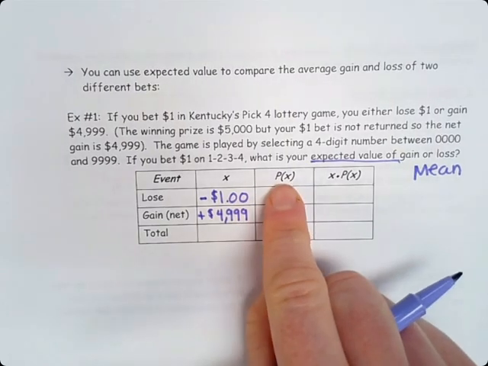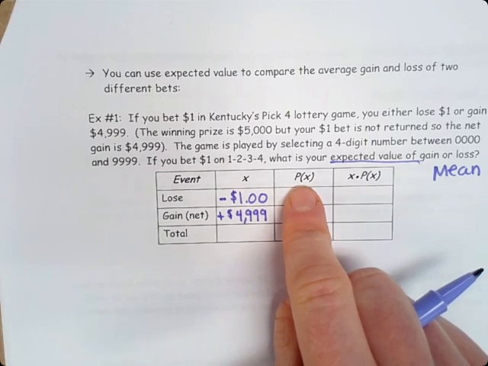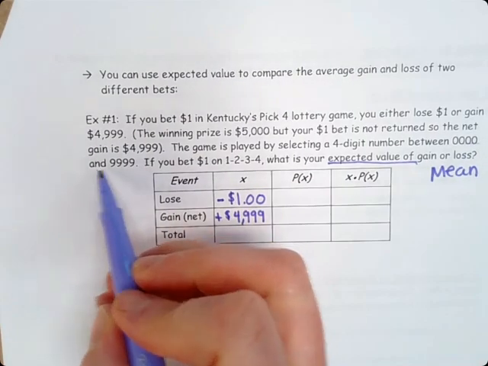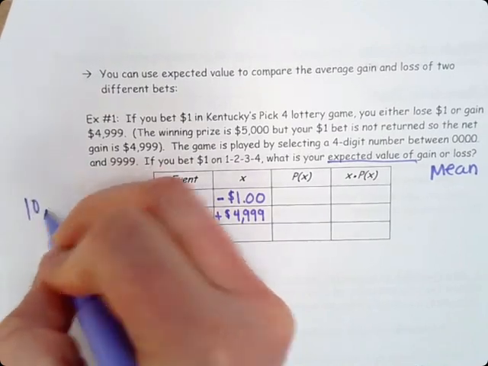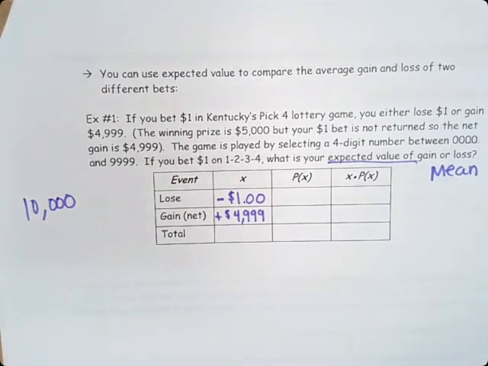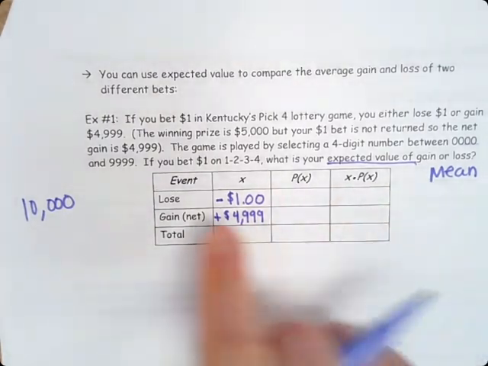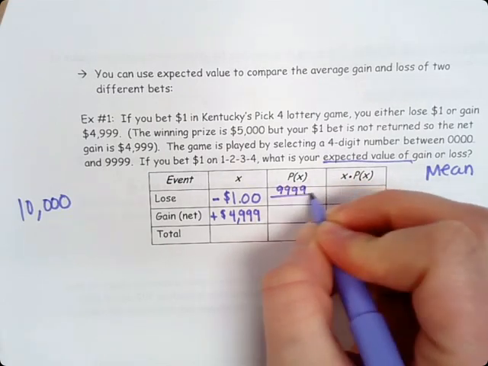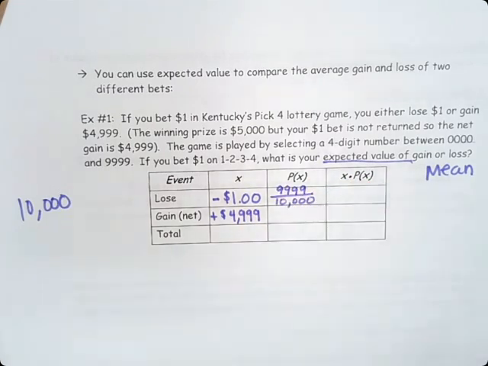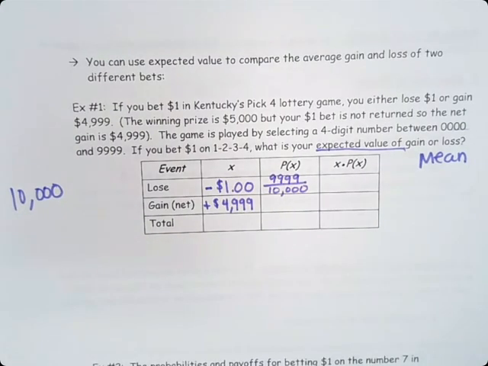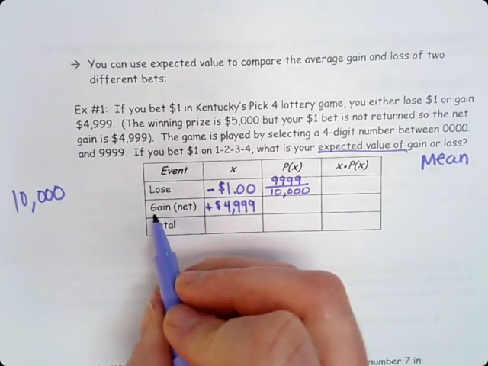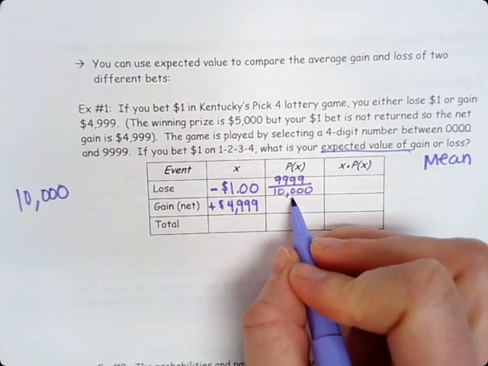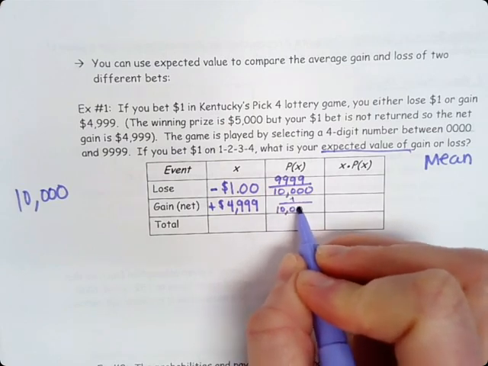So let's think about our probability of losing. Basically it's 10,000 events, right? 10,000 numbers. So there's a probability that you will lose all but one, 9,999 over 10,000. Probability that you win is 1 out of 10,000 of those numbers.